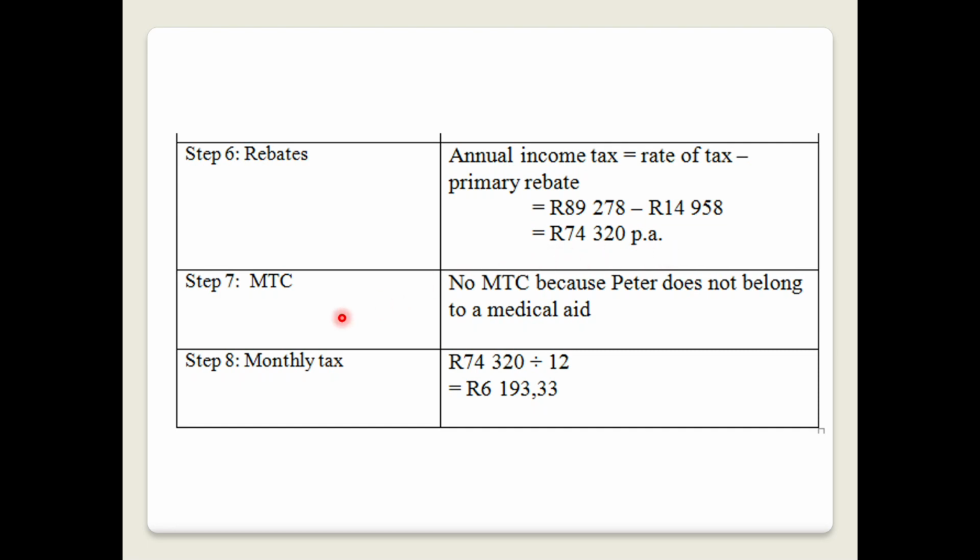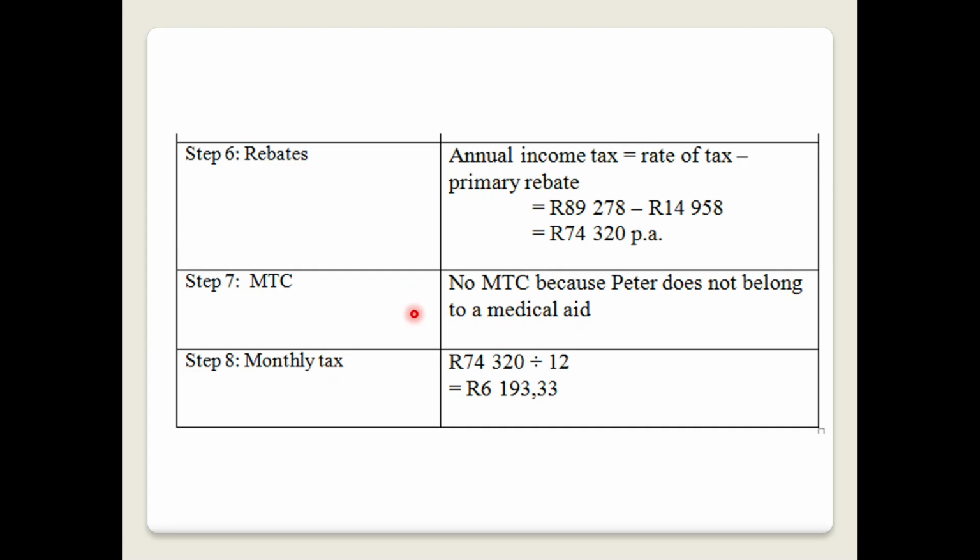Then, the next step is medical tax credits, but we are not going to deduct any. We are not allowed to deduct any because Peter does not belong to a medical aid. You can only get the relief of a medical tax credit if you belong to a medical aid.